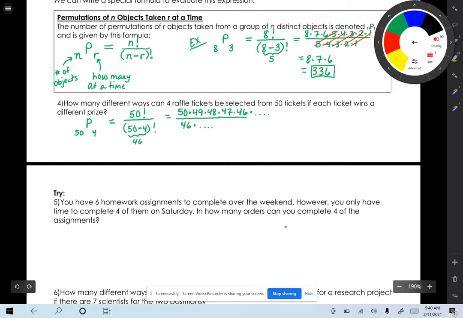But notice everything including the 46 is going to cancel. So you're only left to multiply 50 times 49 times 48 times 47. So this is all you're left with because everything else cancels. Plug those numbers into the calculator and you get 5,527,200 ways. Do you see why the lottery is hard to win? So there you go.